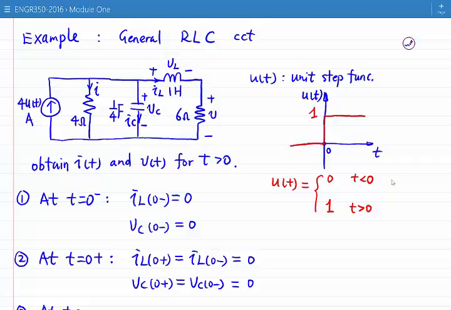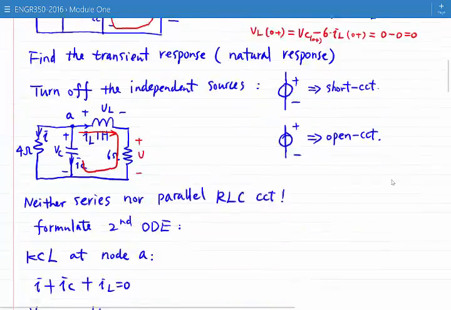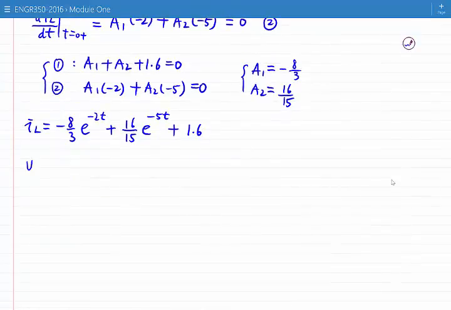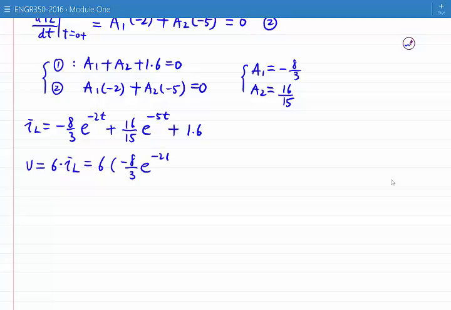We can use 6 ohm times IL because this inductor current flows through the 6 ohm resistor. So V, the 6 ohm resistor voltage, is equal to 6 ohm times IL. It gives us 6 times minus 8 over 3 E to the power of minus 2t plus 16 over 15 E to the power of minus 5t plus 1.6.